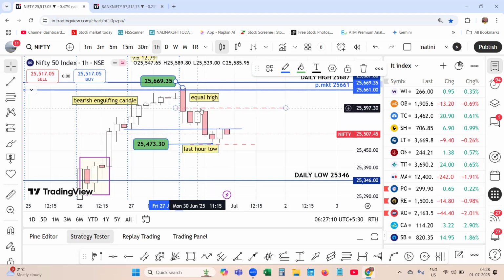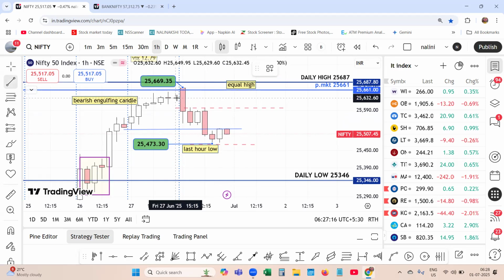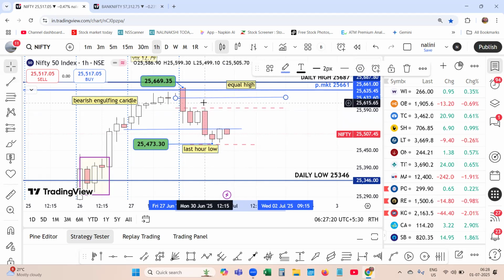Since this is an equal high, and also if you noticed in this area, this is a fair value gap. Fair value gap and static liquidity, both have combined. There is liquidity for the sellers.